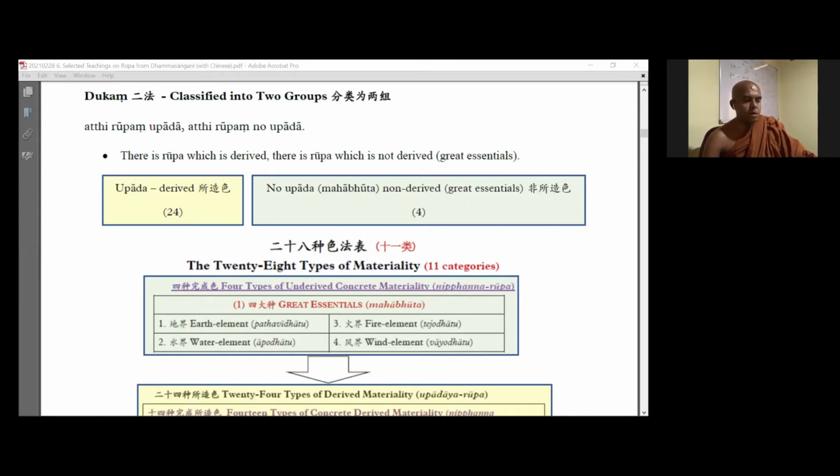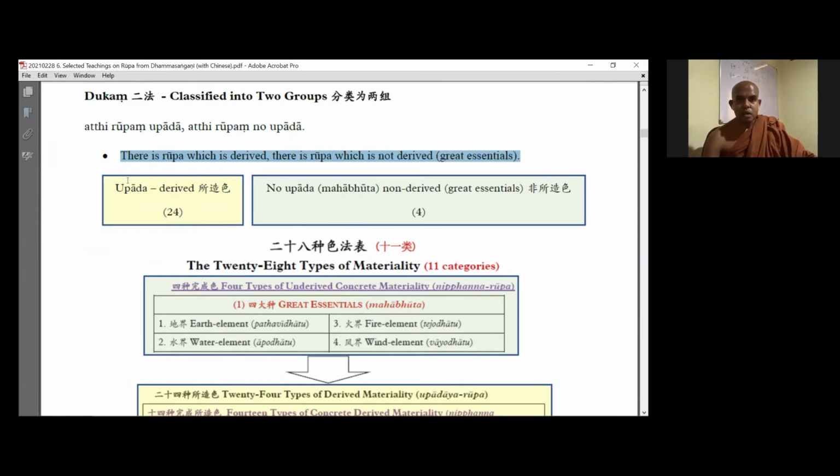Atthi Rupam Upada, Atthi Rupam No Upada. Atthi Rupam Upada, there is Rupa which is derived. There is Rupa which is not derived. Great essentials means the 28 Rupa we can divide into two ways.